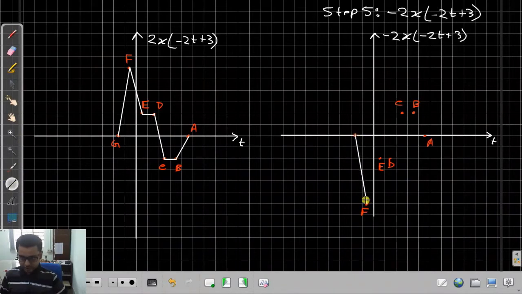So I join these points, and you can see that this graph here is vertically flipped. So this is the final result. This is same as yt. Yt is minus 2x minus 2t plus 3.